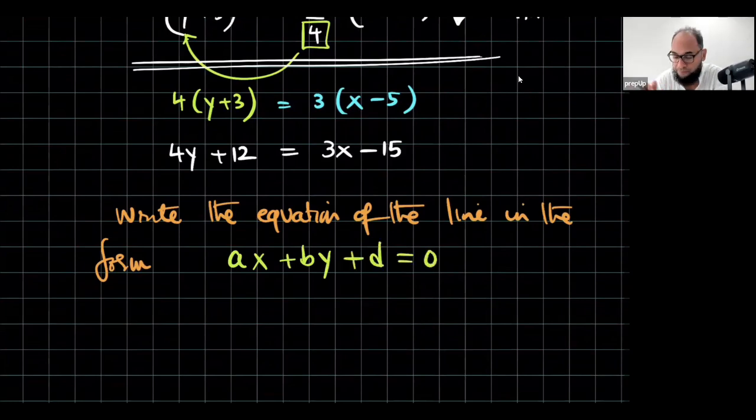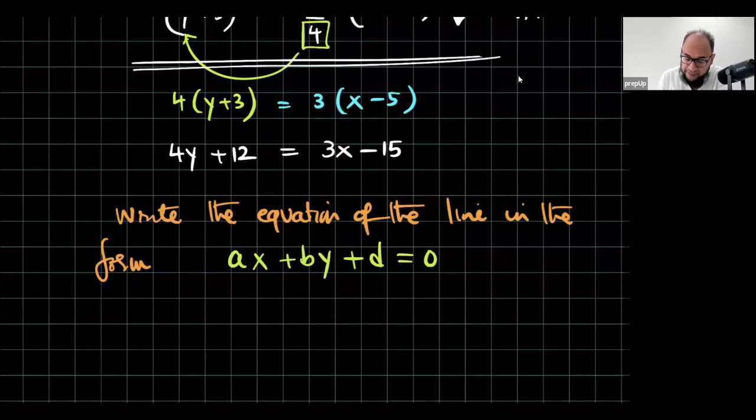Now what will you do? You want everything on the left hand side. You want an x term first, then a y term, then a constant, and then 0 on the extreme right. So for that matter, this is the format that is necessary.